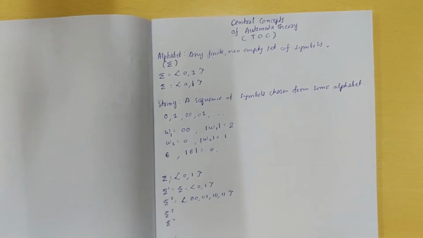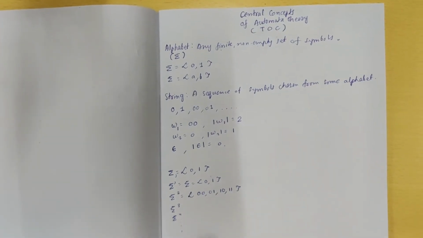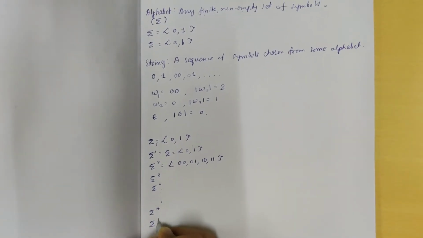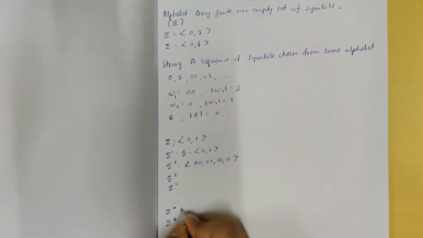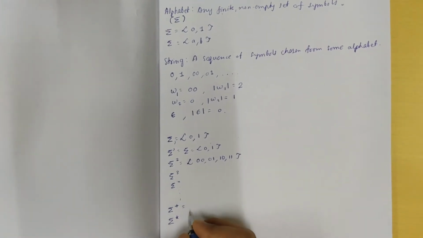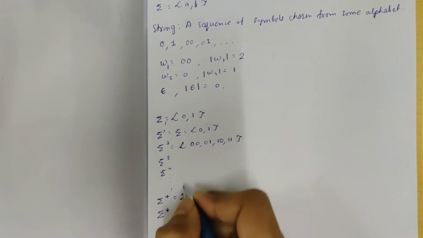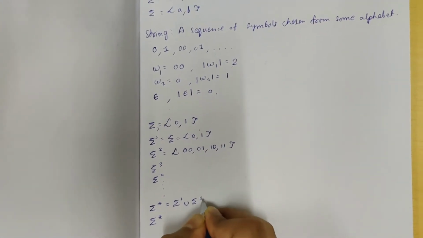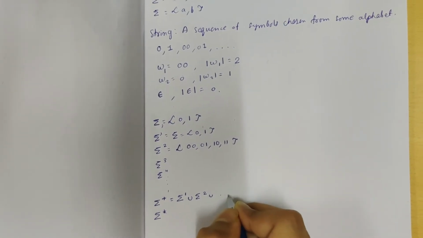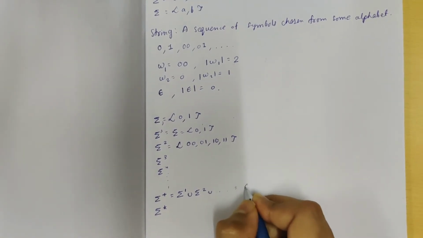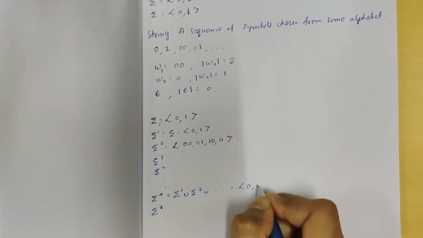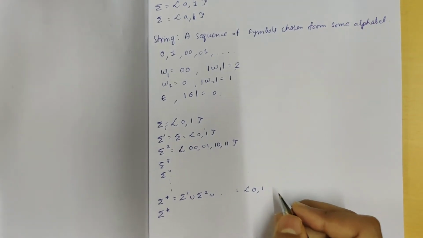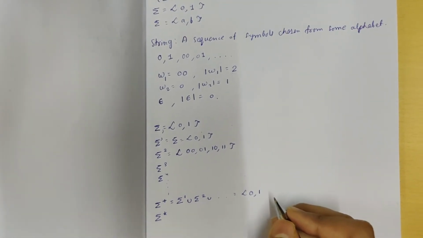And related to this we have two more notations. One is sigma plus and another is sigma star. Sigma plus is nothing but the union of all the powers of sigma, starting from sigma 1 union sigma 2 union, and it goes on. So how can we write it here? It is 0, 1, 0 0, 0 1, 1 0, 1 1, and then all the three-symbol strings will be coming. As we know, in union we simply combine the elements of the different sets into one single set.